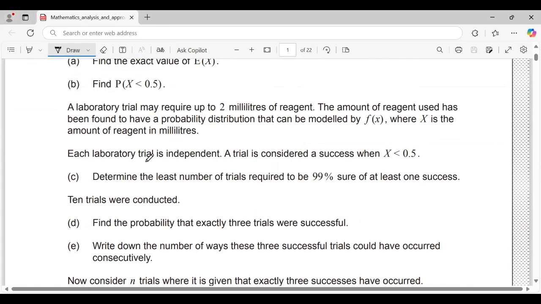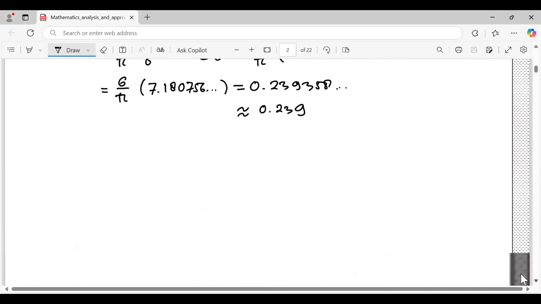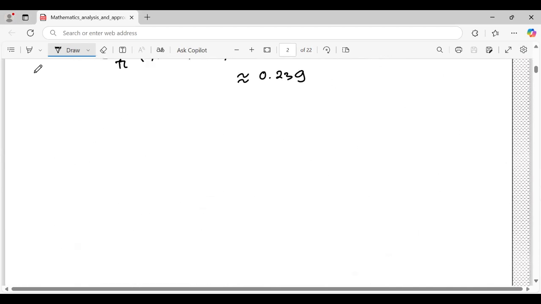If a laboratory trial is independent, a trial is considered a success when X is less than 0.5. Determine the least number of trials required to be 99% sure of at least one success. Part C.